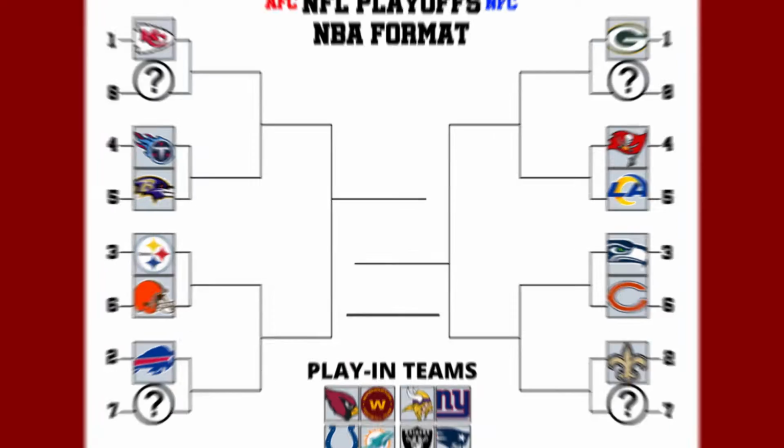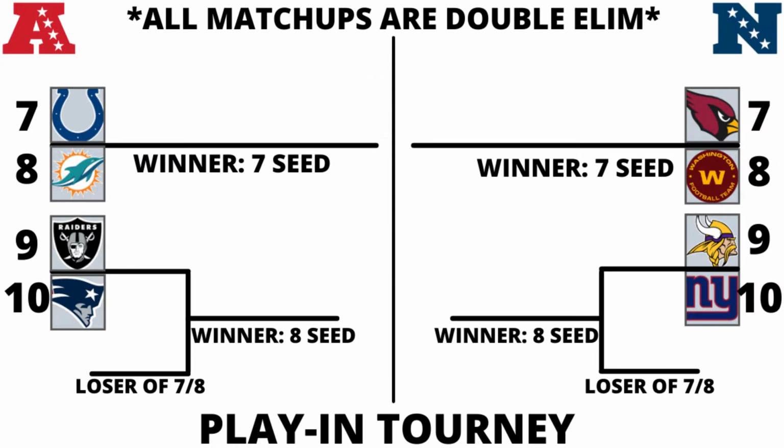Now if you go to the play-in tournament, I'm going to explain how this works as best I can. First thing to mention is all matchups are double elimination. That means the lower seed, in this case the 8 and 10 seeds, has to beat the higher seed twice, while the higher seed just has to win once. Hope that makes sense. Our first matchup is the 7 versus 8: the Colts and Dolphins, and the Cardinals and Washington.